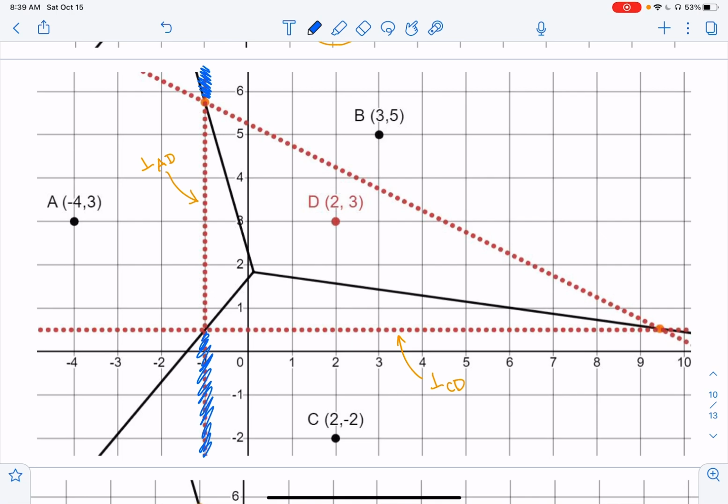We are going to do the same thing here with the portion of the perpendicular bisector CD that extends into cell A and that extends into cell B. And we're also going to remove the portion of the perpendicular bisector BD that extends into cell A and that extends into cell C.